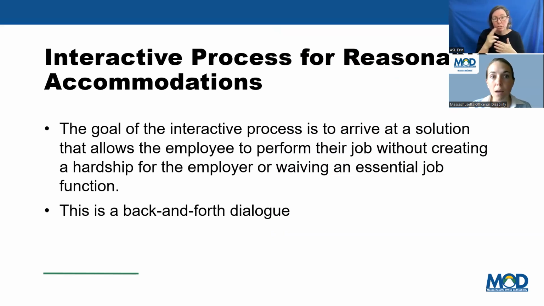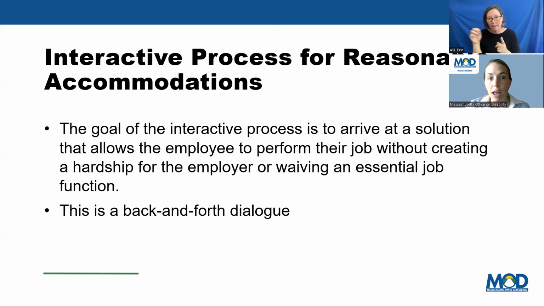All right. So as a refresher, the heart of the ADA reasonable accommodation process is this interactive process between you, the ADA coordinator, and the employee who is asking for the accommodation. And the goal of the process is to arrive at a solution that allows the employee to do their job without creating a hardship for the employer.